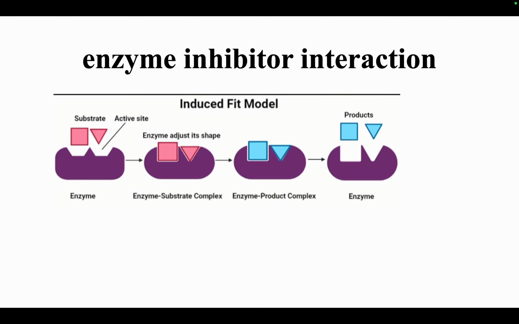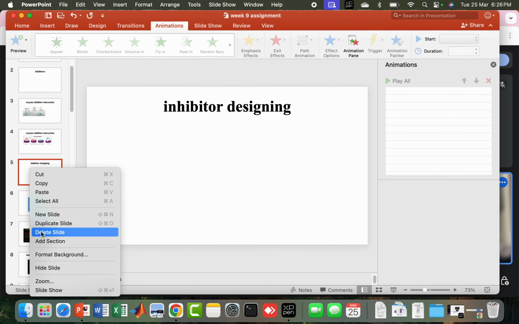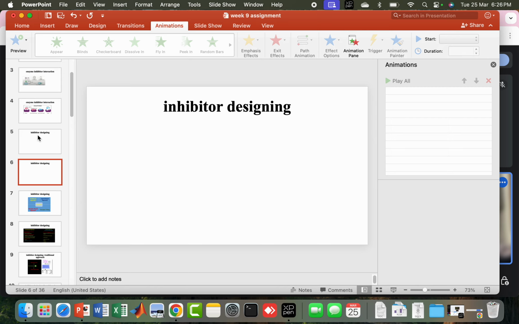So let's study the first method, which was the biochemical approach. As the name suggests, the biochemical approach uses different experimental methods, like cloning and site-directed mutagenesis.